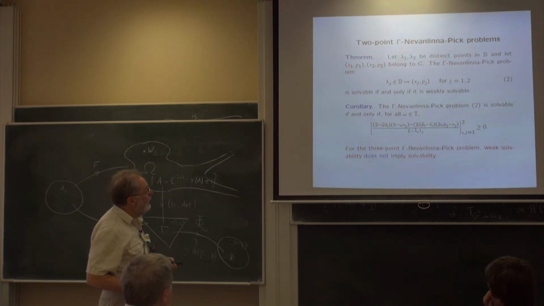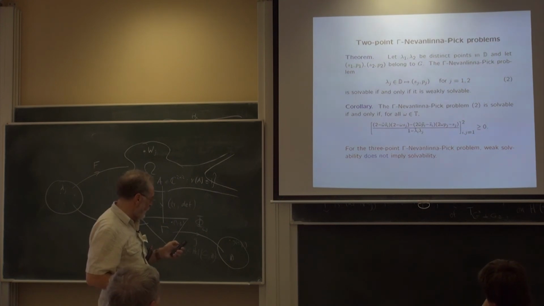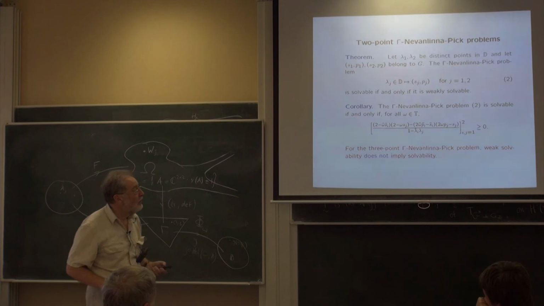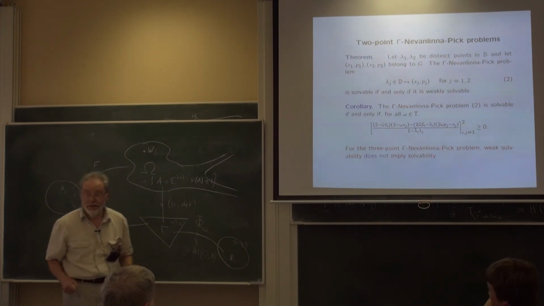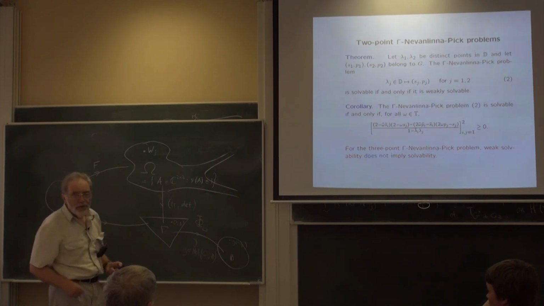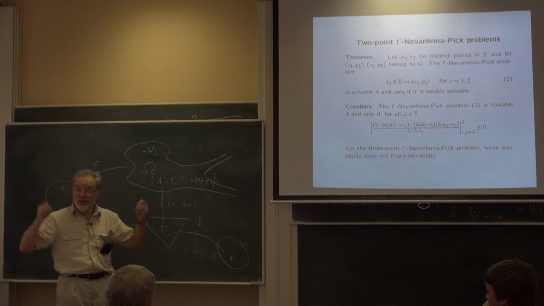And consequently, combining that with the previous theorem, you get that this gamma Nevanlinna-Pick problem is solvable if and only if this Pick matrix is positive for every omega in the unit circle. So that is, I think, a pretty concrete criterion. So then you say, right, well, let's do it for 3 points rather than 2.